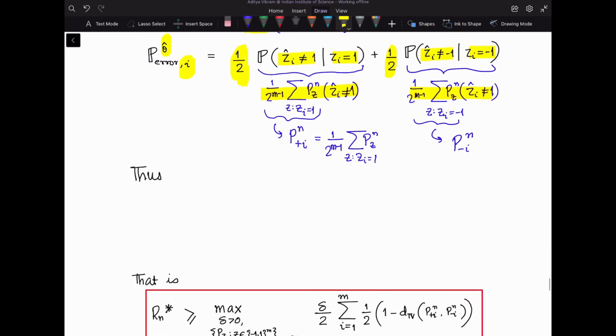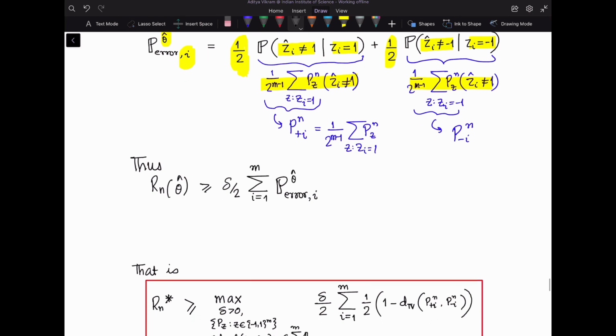So we basically get that Rn of theta hat is greater than or equal to delta by 2 times the sum over i equals 1 to m of the probability of error in the ith bit.